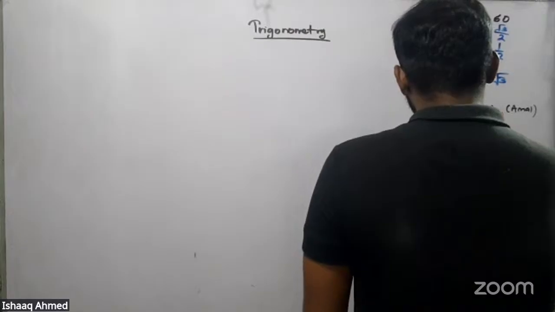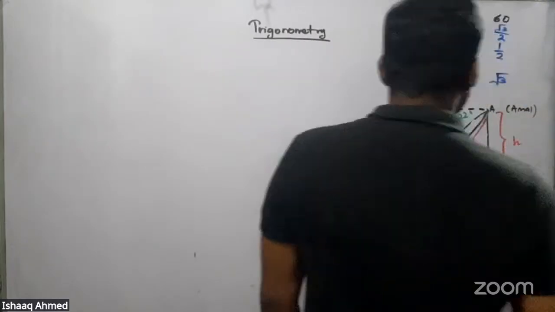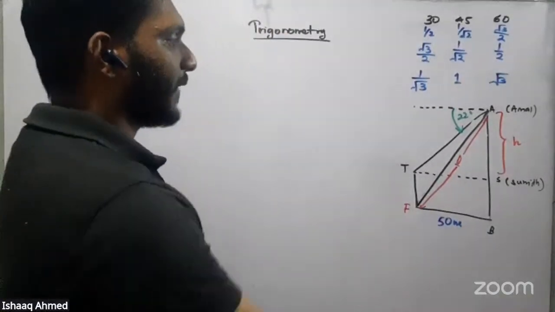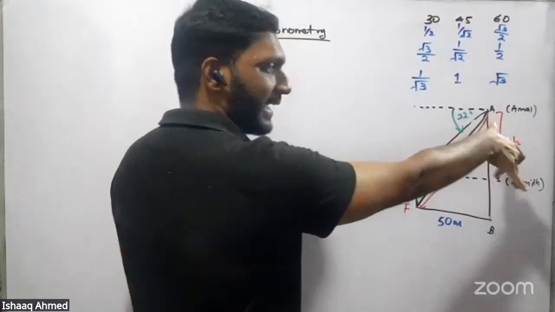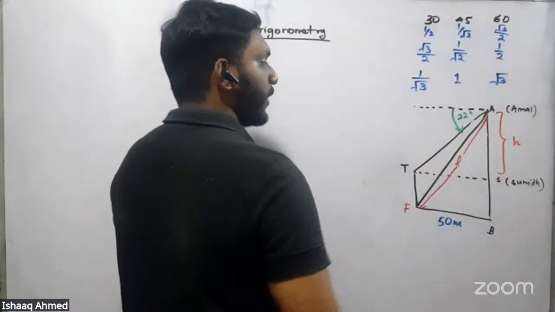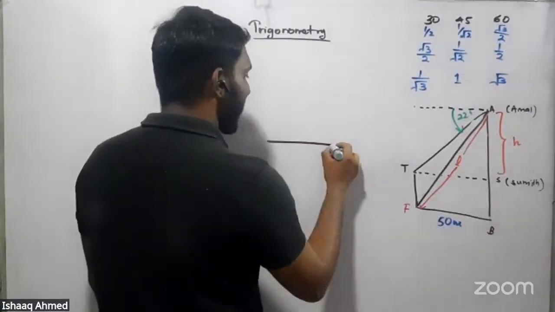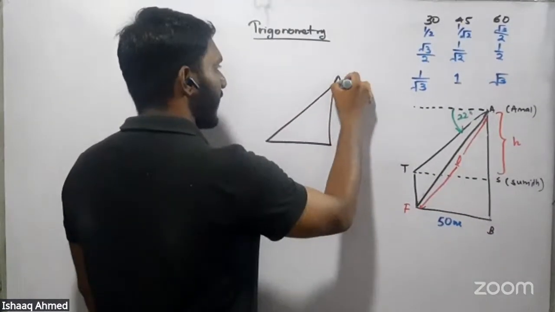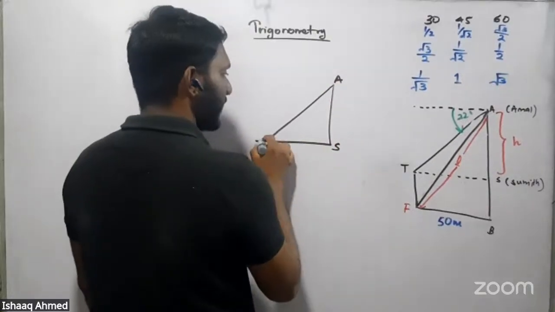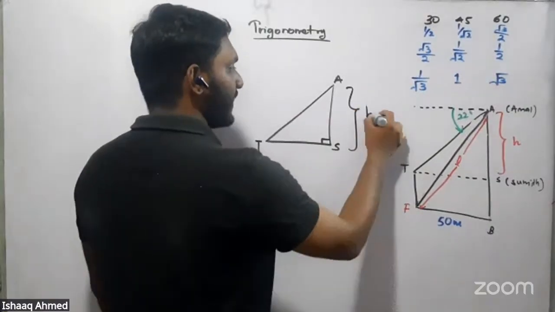To apply trigonometry, what do you need? You need a right angle triangle. So to find H, you have to find a right angle triangle where H is a side. To find L, you have to find a right angle triangle where L is a side. If you take this triangle AST, this is a right angle triangle where H is a side, no?